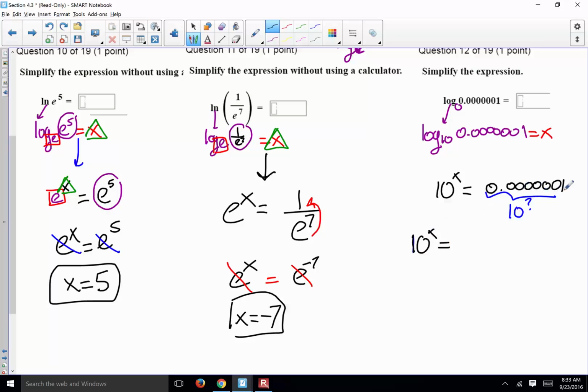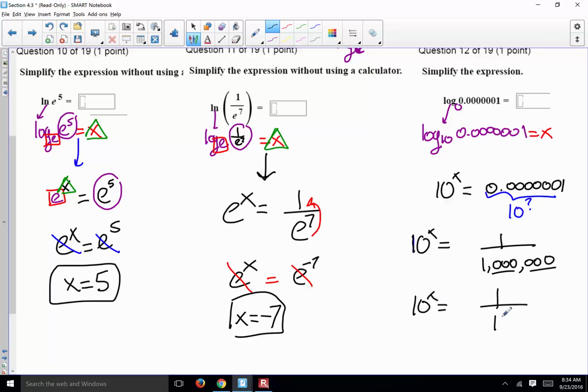Isn't this number 1 over 1 million? Is it? I'm not sure. Divide 1 million, you get 6 zeros. Right? Now 1 million has how many zeros? 6.